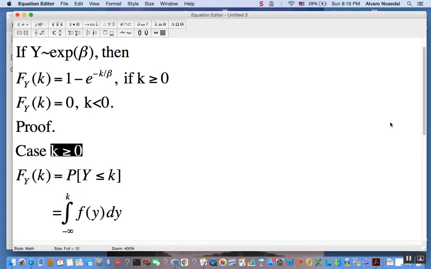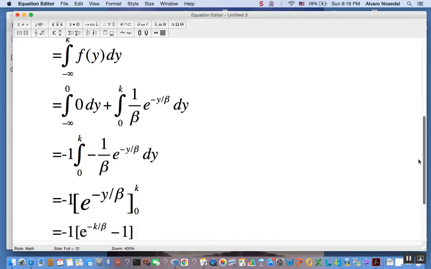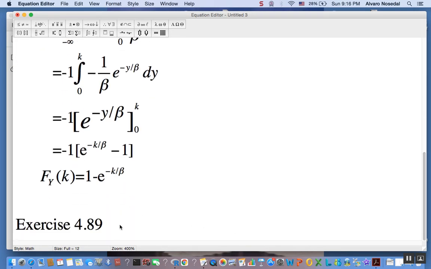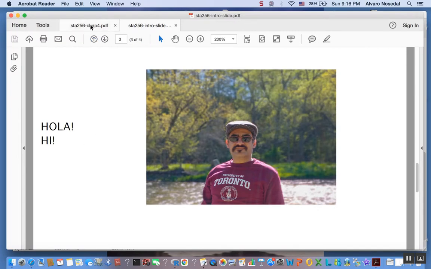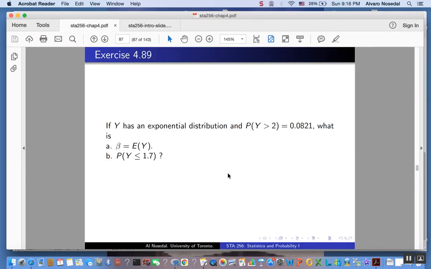Okay, so next step, we would like to apply that result to this exercise, exercise 4.89. I think we have it here in our lecture notes, so that's the one we want to do. Let's try and solve exercise 4.89.